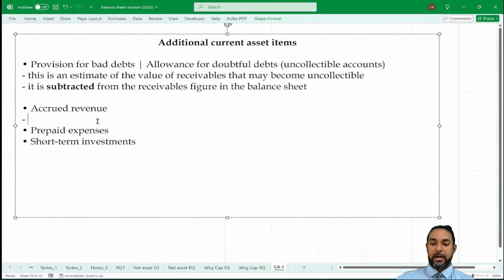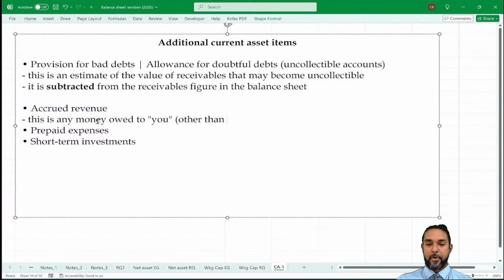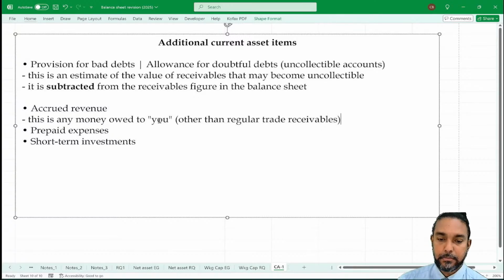Anyhow, this is any money owed to you other than regular trade receivables. I'll put another word here, earnings.